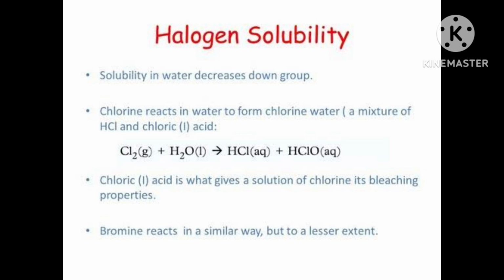Now again I am telling you properties of chlorine. Chlorine water on standing loses its yellow color. Important thing, actually a question is asked. Chlorine water on standing loses its yellow color due to the formation of HCl and HOCl.